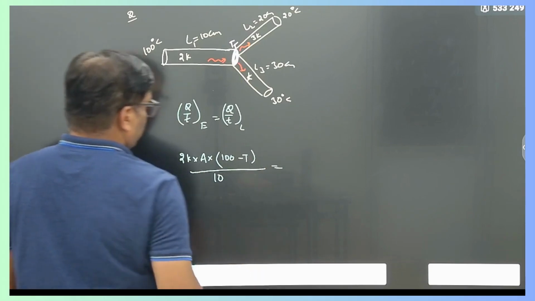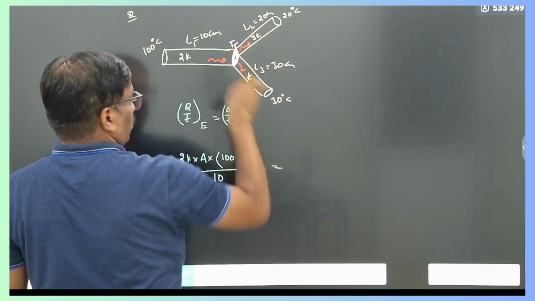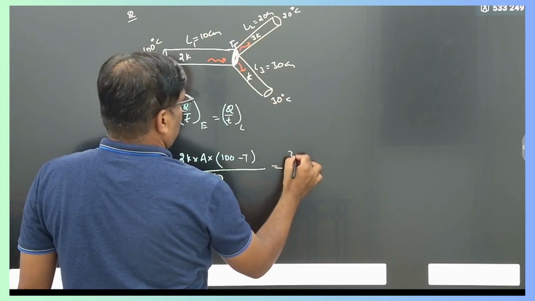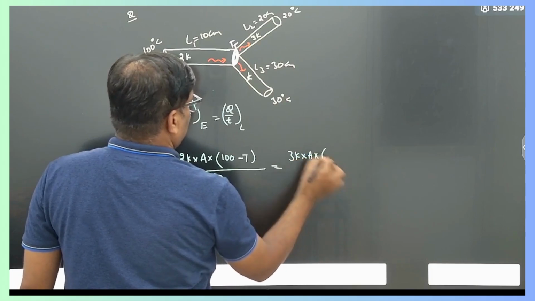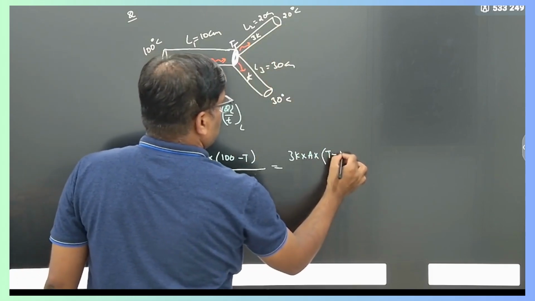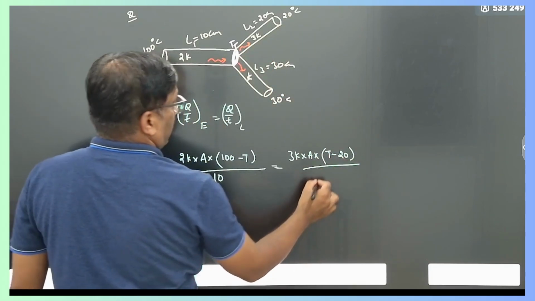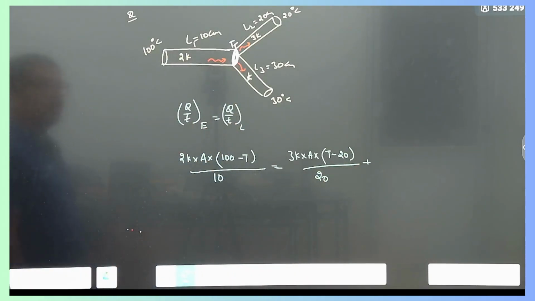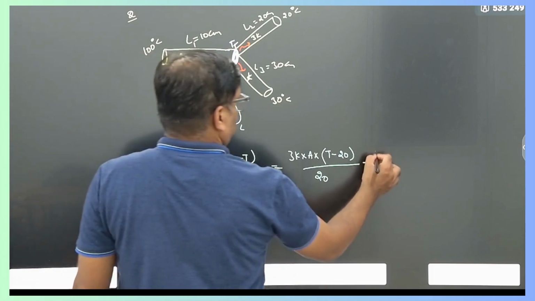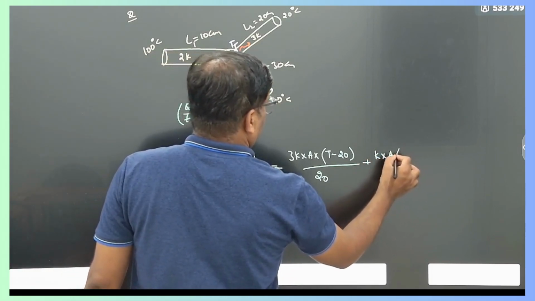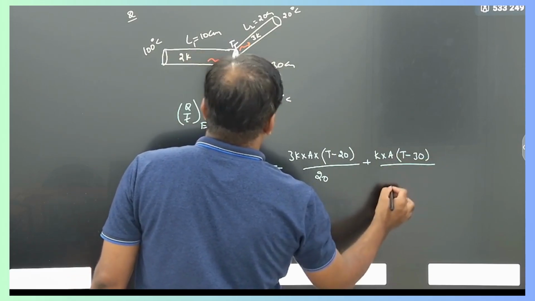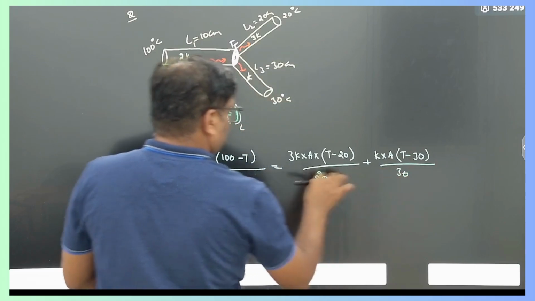Leaving is, for the two things, 3K into area of cross section into T minus 20 divided by 20 centimeter, plus K into A into T minus 30 divided by 30 centimeter.